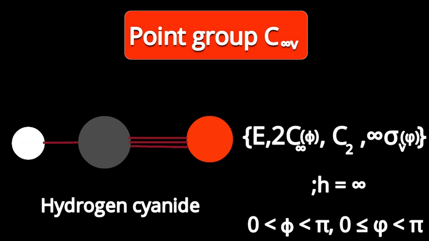How can I represent the possible operations for this molecule? Identity, comma, double the C infinity operations with variant angle phi, where phi is greater than 0 but less than pi, C2, a coinciding axis obtained from C infinity, comma, an infinite number of vertical planes with variant angle per phi, where per phi is greater than or equal to 0 but less than pi.